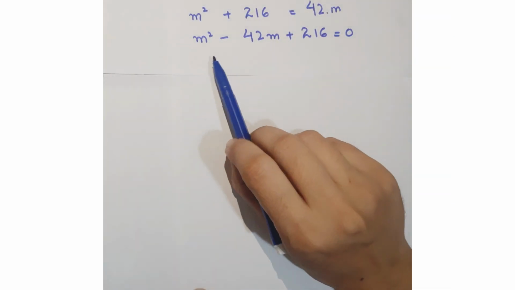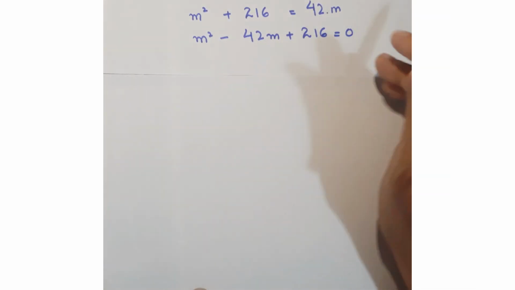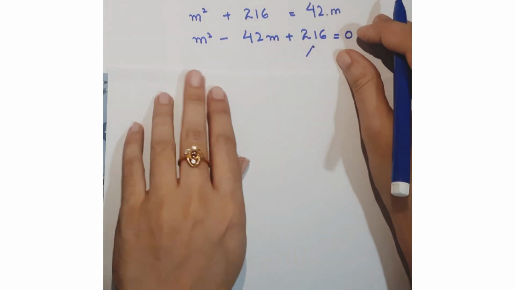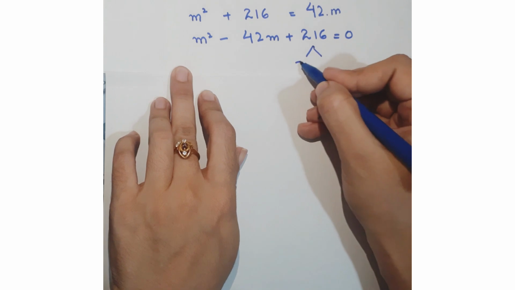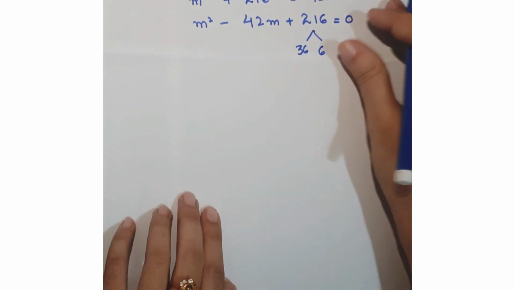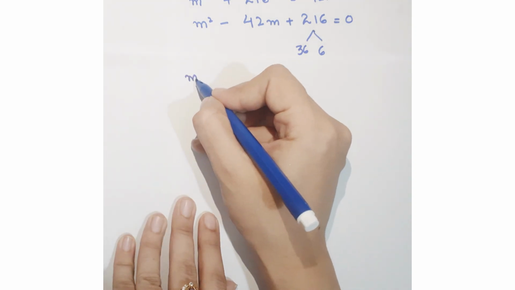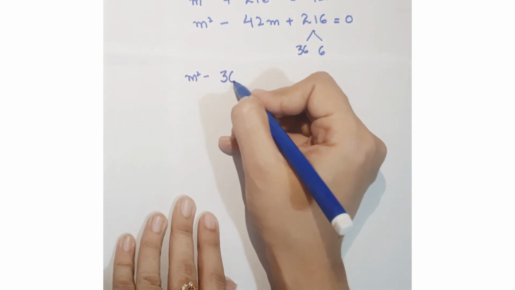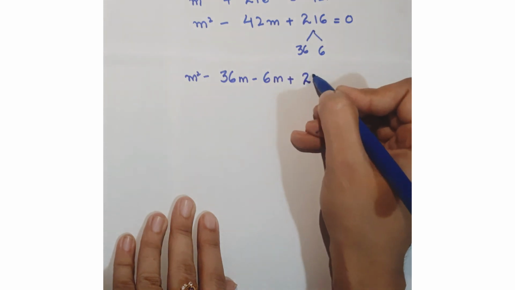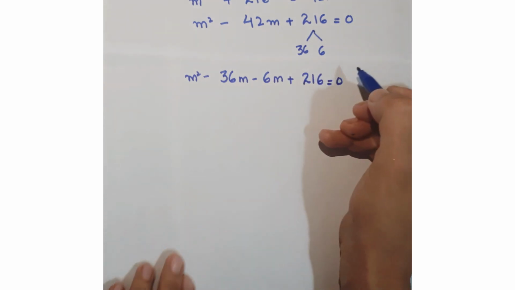Now you know that this is a quadratic equation, so you have to factorize this 216, and this can be factorized into 36 and 6. So you can write this equation as m square minus 36m minus 6m plus 216 is equal to 0.